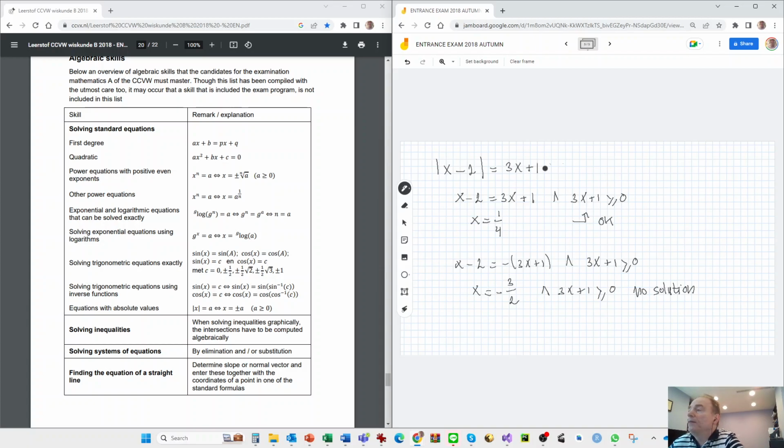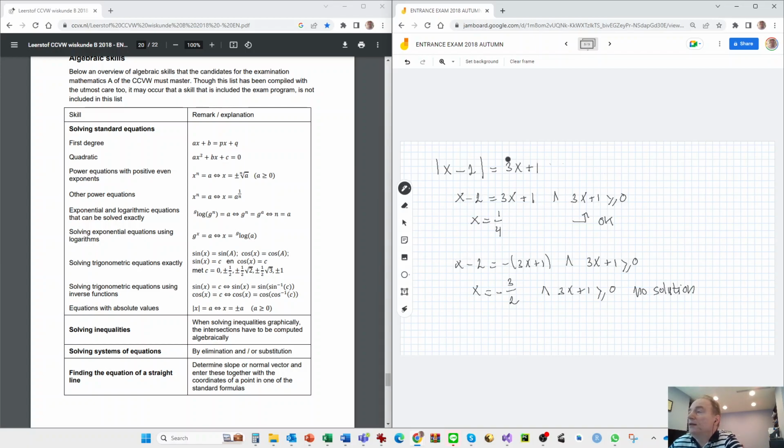Well, that means that either x minus 2 is 3x plus 1, so it's the plus sign here, but also we demand 3x plus 1 is greater or equal to 0. So if you work this out, you get x is 1/4, and if you substitute this in, this is actually satisfied, so this is a solution.